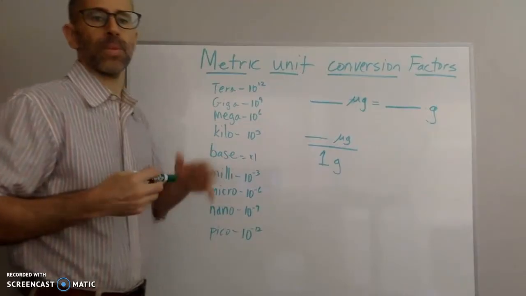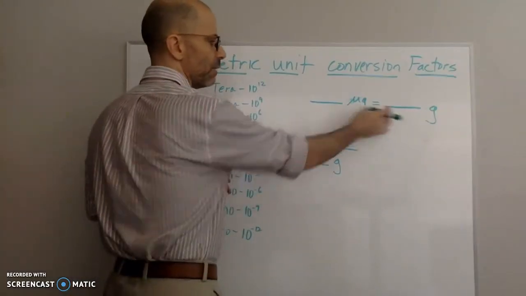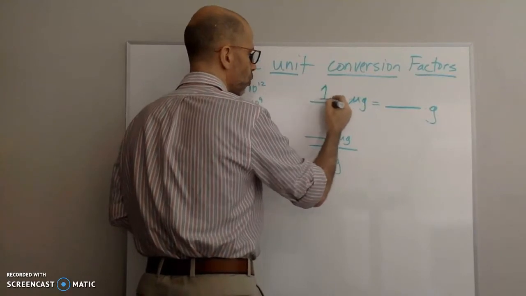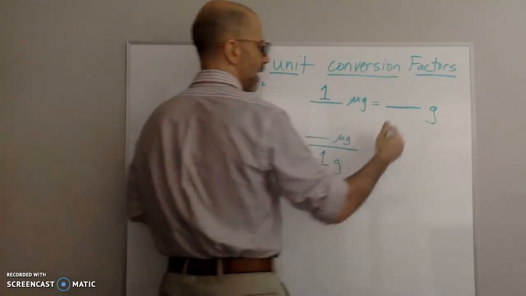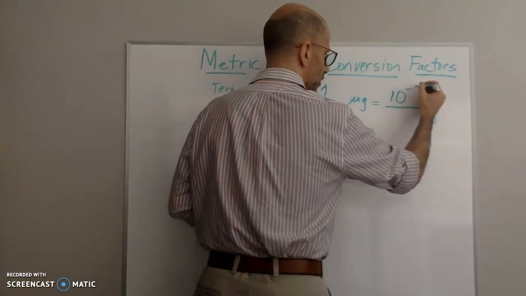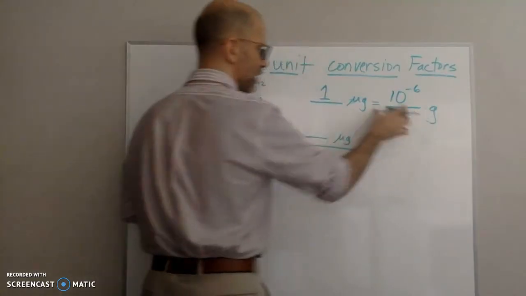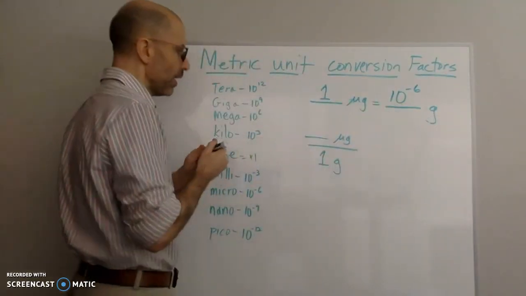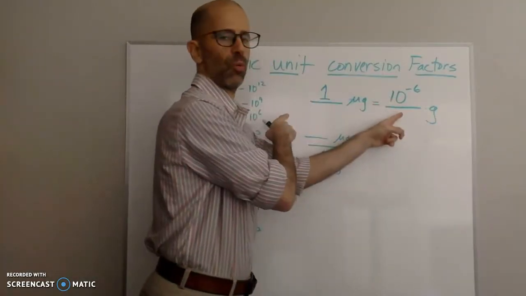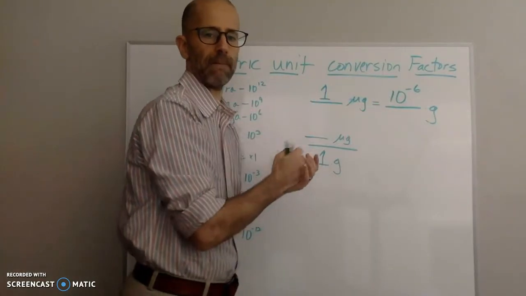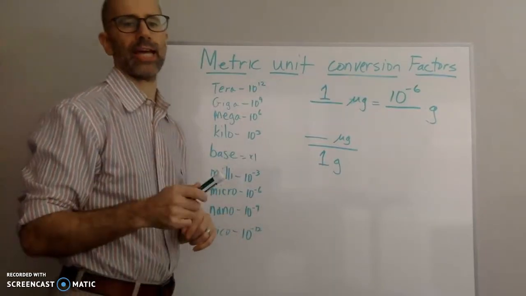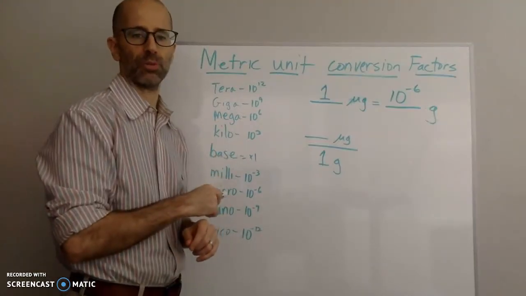This is really simple. You think about it in the same way. If I know that I put the 1 here with the prefix, and I put the prefix multiplier on the other side like this, and I need to flip these for some reason, maybe I want to put the 1 with the base unit instead, then you've got to make sure you change the sign on the prefix multiplier.